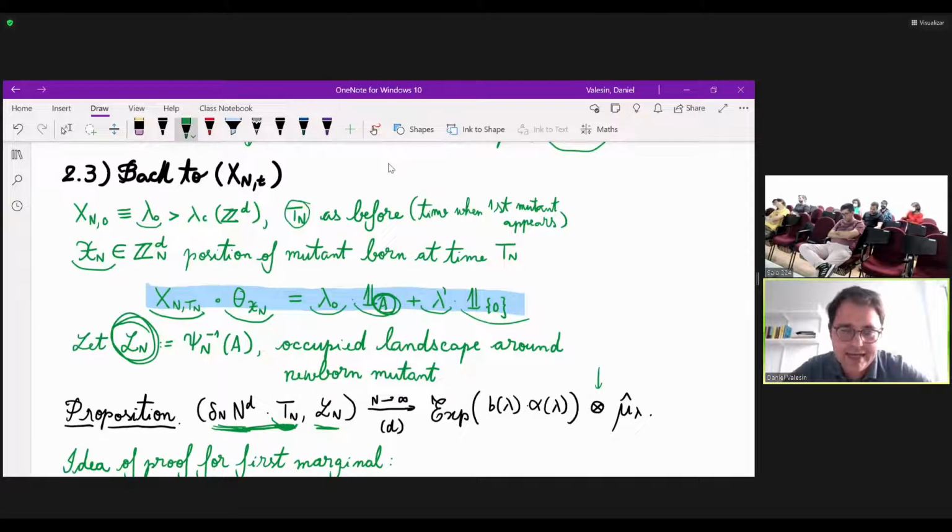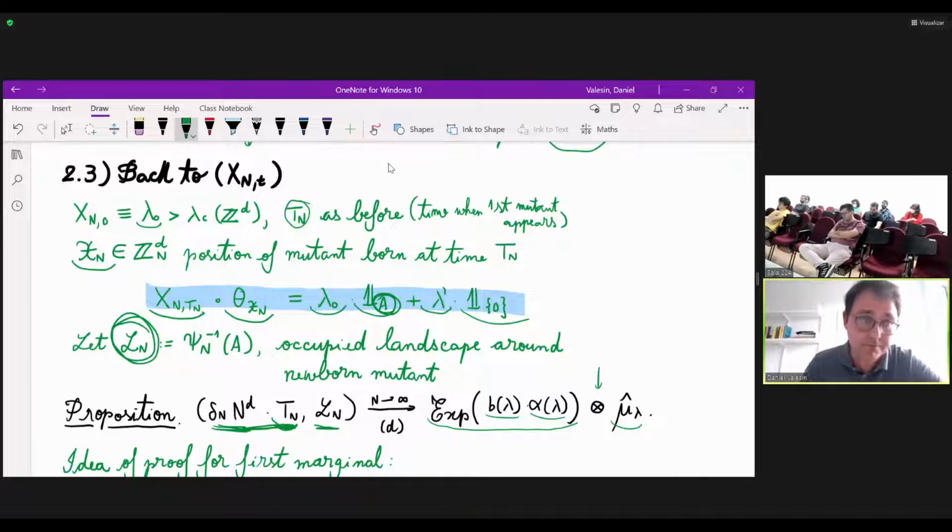The time component becomes exponentially distributed with parameter b(lambda) alpha(lambda). So b was our mutation rate function, and alpha was our effective birth rate of the contact process. And the landscape component becomes distributed as this mu hat, so this biased version of mu lambda.